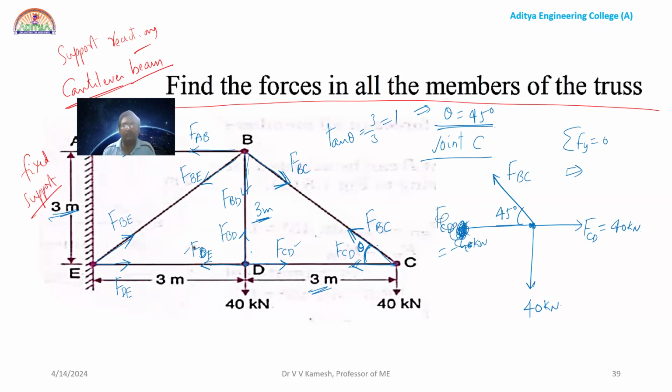Right? Or otherwise you can do one thing. Here FCD is equal to minus 40 kilonewton. So FCD is known to you. According to our condition, FCD is equal to minus 40, it will be equal to FDE. So this is also equal to 40. What about FBD and 40?